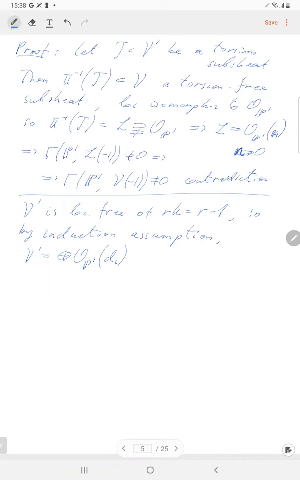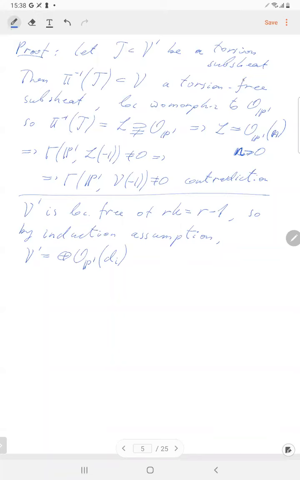The preimage lies in V, so it's torsion free. Okay. Yeah, but why is it torsion free? But J may have torsion. I don't know, probably it's T. What is called J is T.